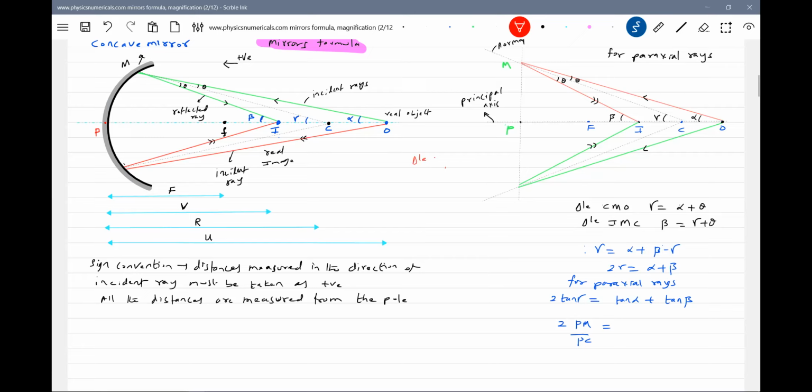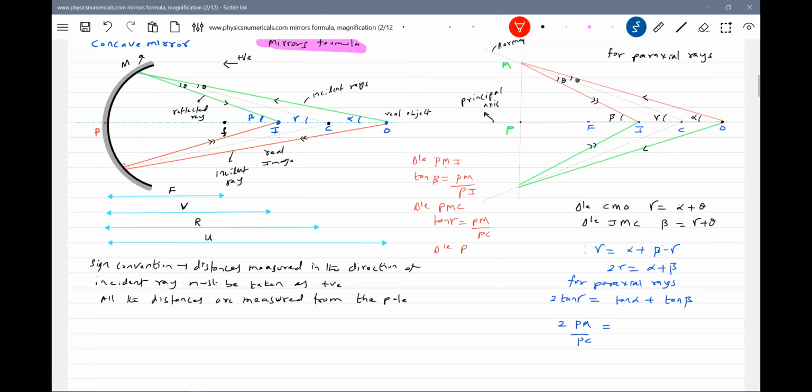In triangle PMI, tan beta equals PM by PI, sorry. Similarly, in triangle PMC, tan gamma equals PM by PC.